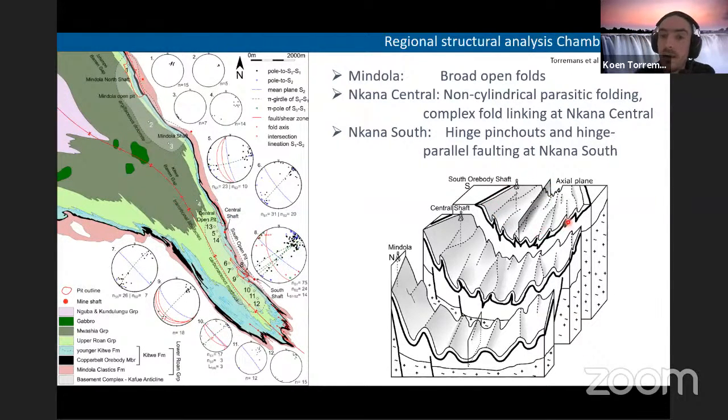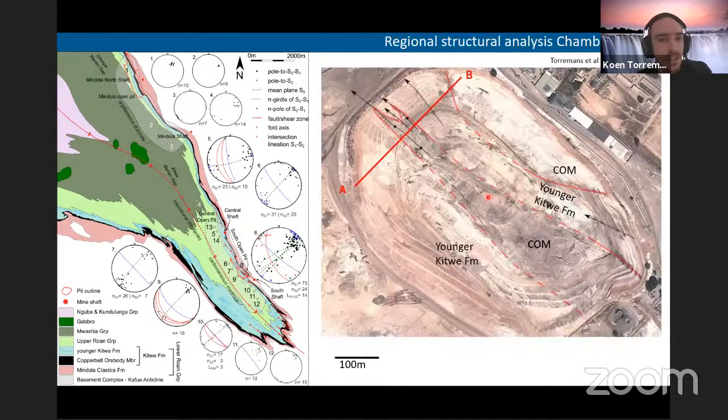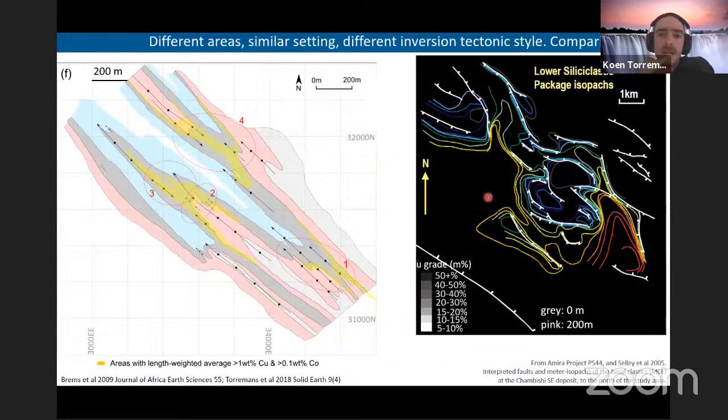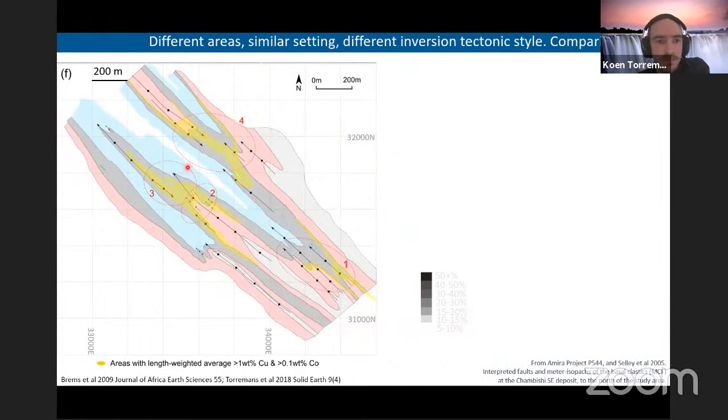You get hinge pinch outs, hinge parallel faulting, and a strong sense of non-cylindrical parasitic folding. And so this non-cylindrical parasitic folding, and I'll just skip to my last slide here, is essentially occurring at the scale of the faults. That's the thesis I want to put forward.